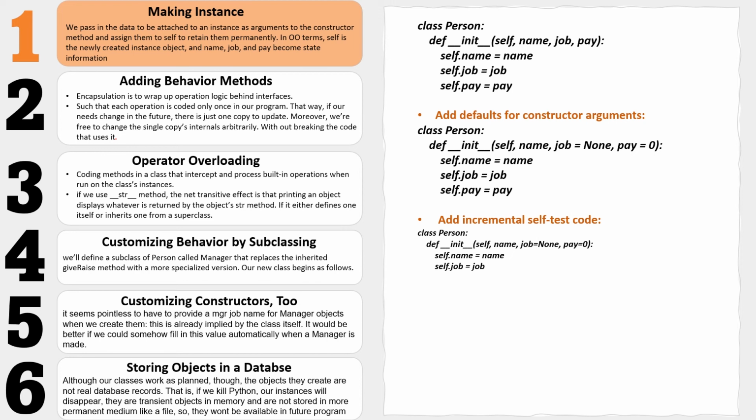Now for that, it would be better to arrange to run the test statements at the bottom only when the file is run for testing, not when the file is imported. So that's what the __name__ == '__main__' check is designed for.